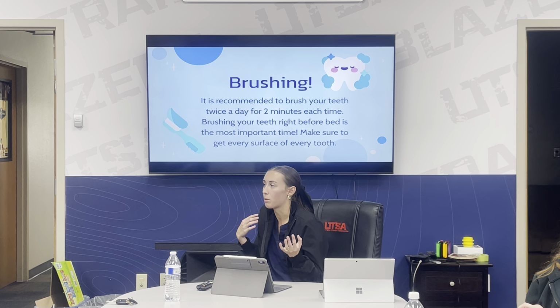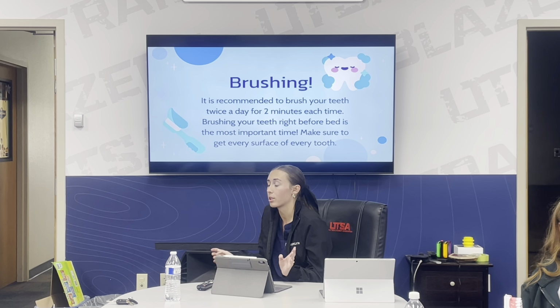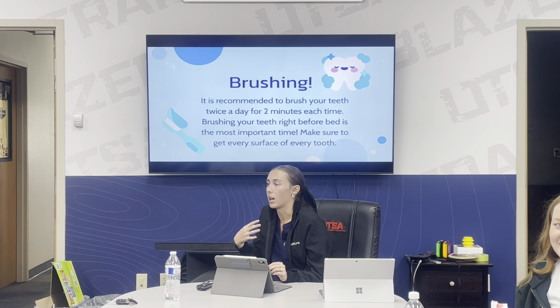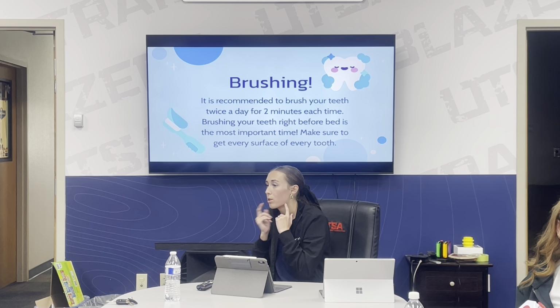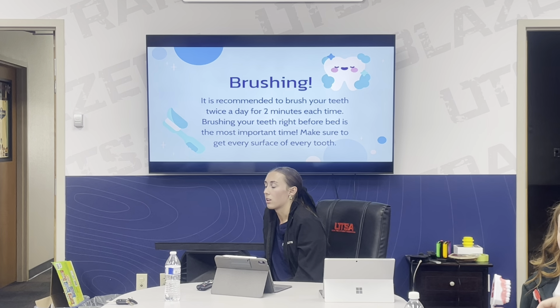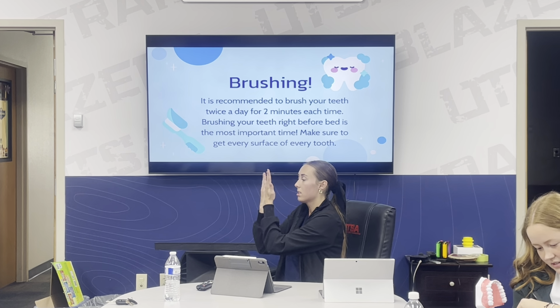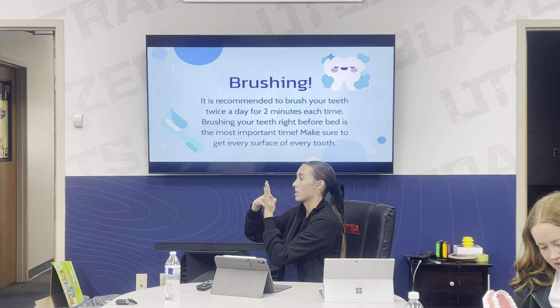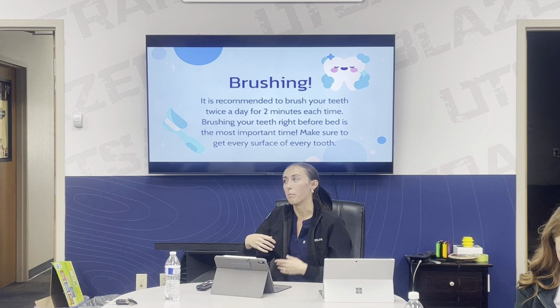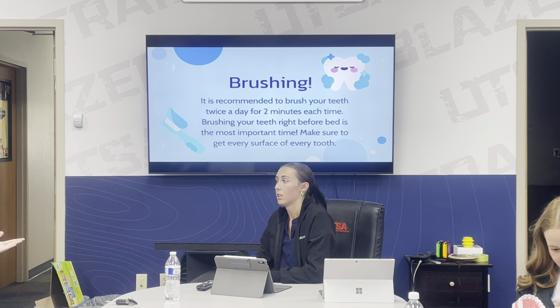Your wisdom teeth are pretty unique. Everyone has different wisdom teeth. You can have 5, 4, or just 3. And a lot of times the wisdom teeth grow in against the tooth next to it, and that's why a lot of them have to be removed.